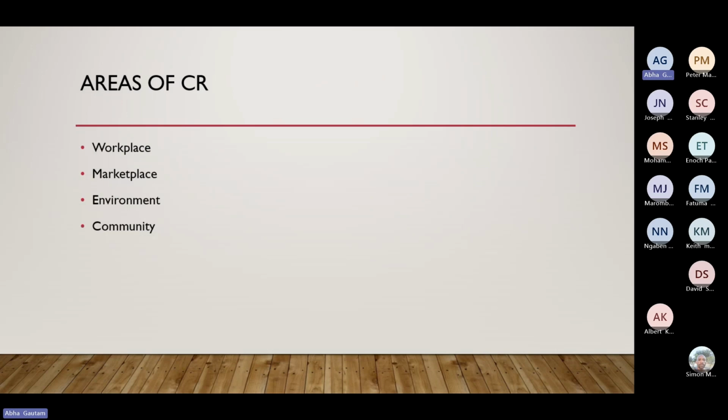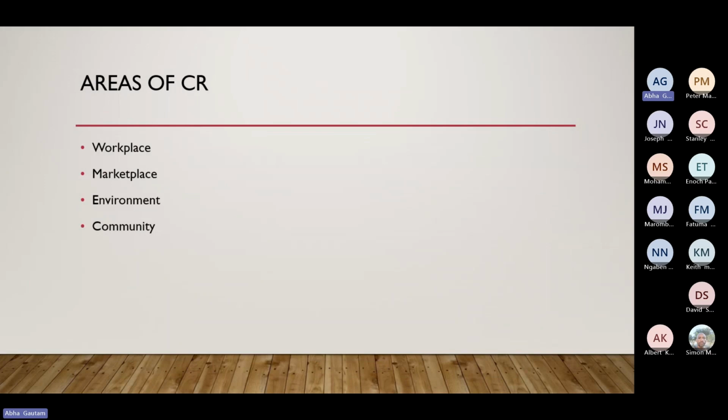Then we have community. Ultimately, we are doing it for people, people are involved in it. So society is there. So CR starts with recognizing that your, means organization's, activities have an impact, definite impact on society, environment, and economy, and your own workforce, your internal people who are working for you. You have to make sure to fulfill your corporate responsibility. You have to create value for them.